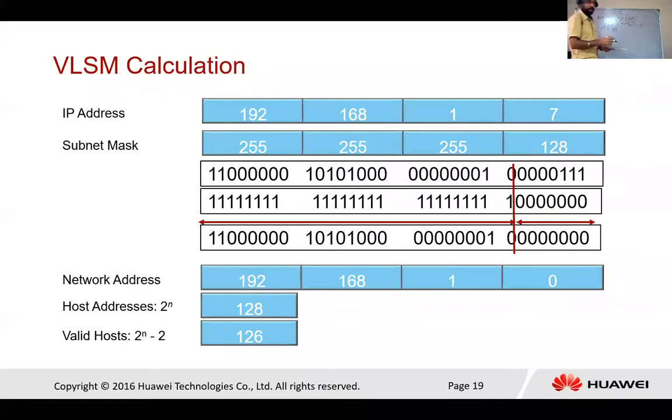After that, we have two addresses that we cannot assign as IP addresses, the network address and the broadcast address. So we remove 2 from this: 128 minus 2 is equal to 126. One is for the network address and another for the broadcast address, and the rest are valid IP addresses.